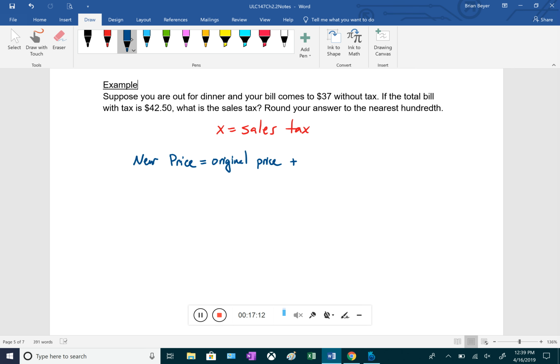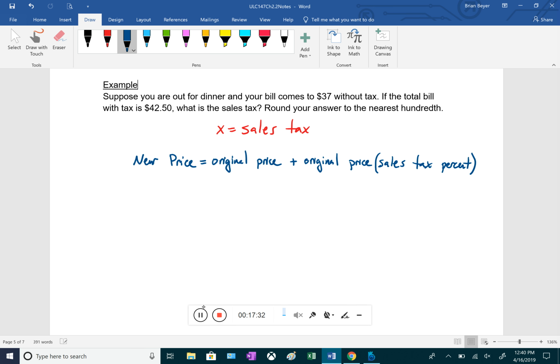So plus the original price times the sales tax percentage.